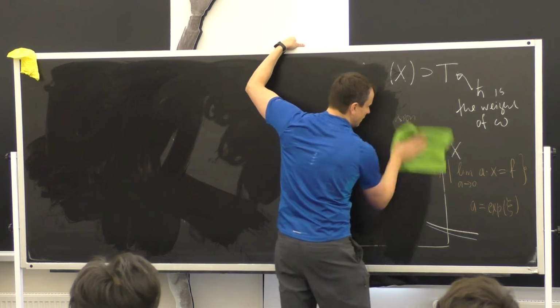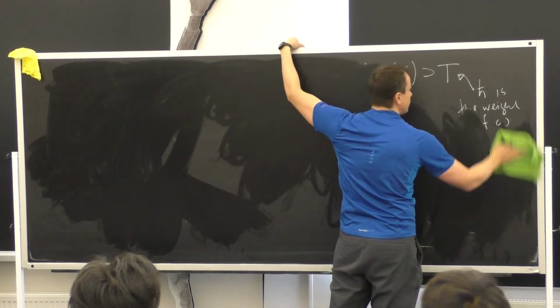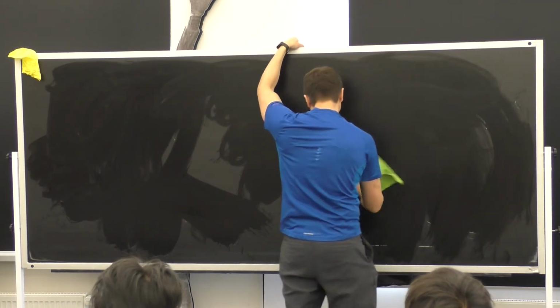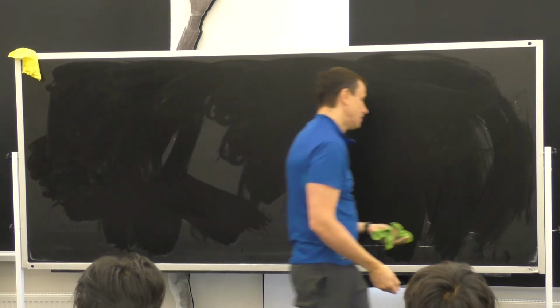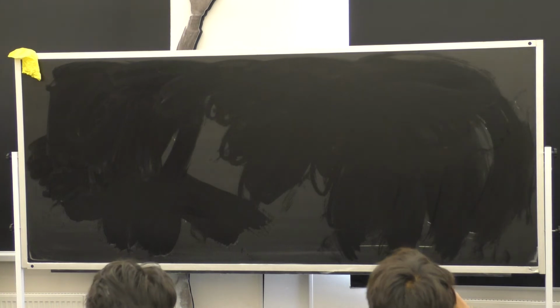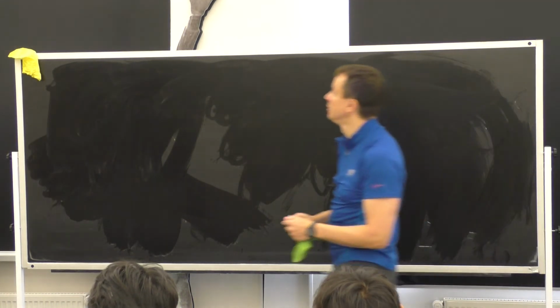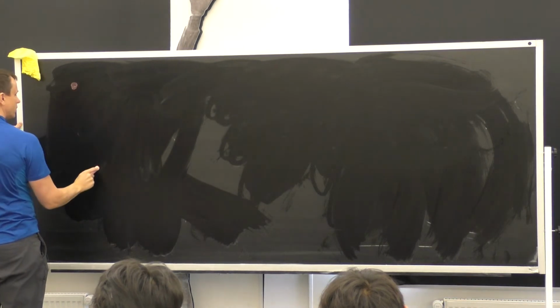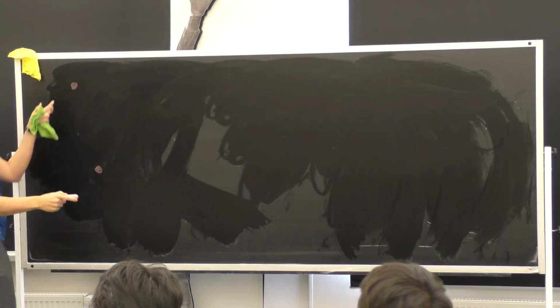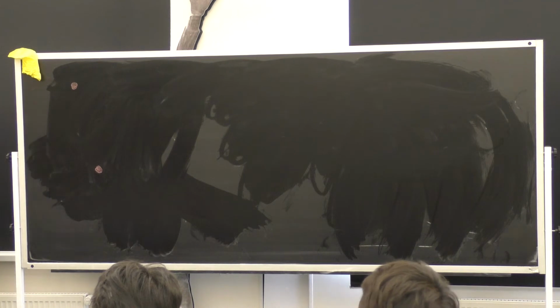So maybe we'll review some of the ideas there. Maybe I'll just copy the same picture. We had one component of the fixed locus and another component of the fixed locus. You should imagine these are not points, these are varieties of some dimension.